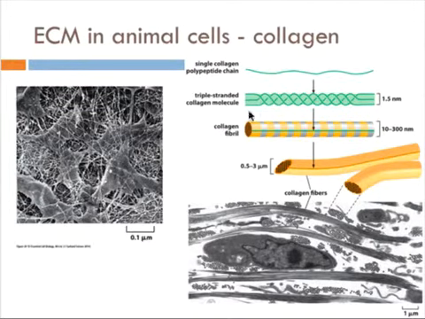A collagen molecule right here is actually 3 collagen polypeptide chains wrapped around each other. So this is a collagen molecule. They aggregate to form collagen fibrils, which then aggregate to form collagen fibers. Collagen fibers you can see running through a tissue here. So here the fiber is running in this direction, and here the fiber is running towards you.